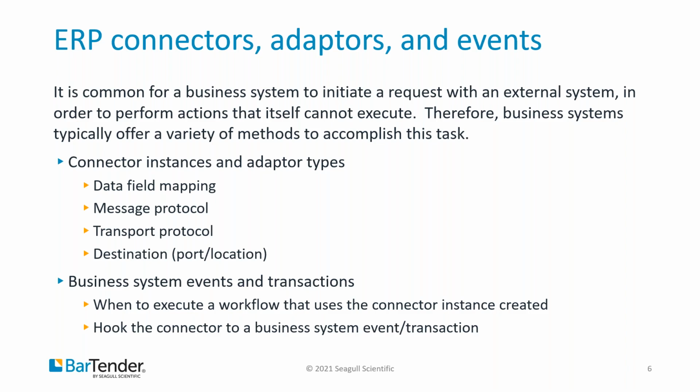It could be BarTender, of course, but it could be some other external software that performs some other tasks. And the purpose of that is to have that other system execute actions that the business system, the ERP itself, is not able to perform, or is not able to perform very well.